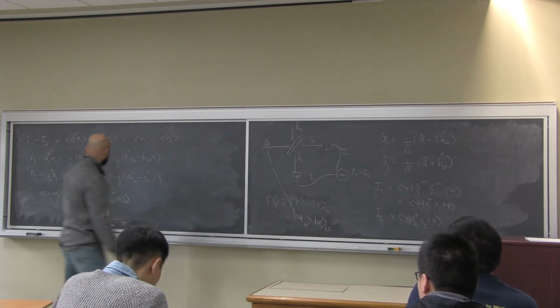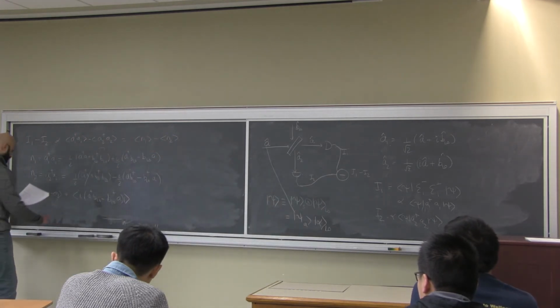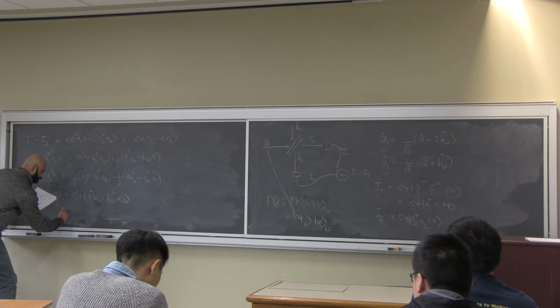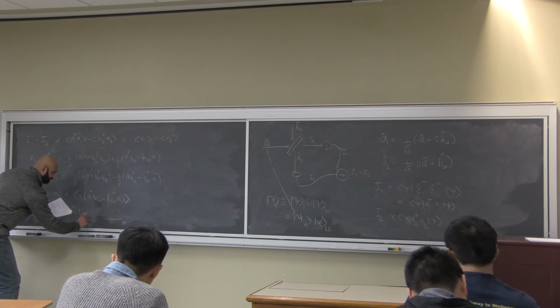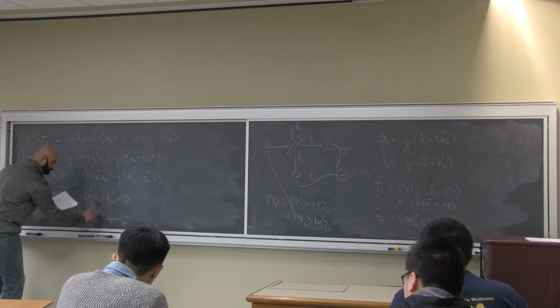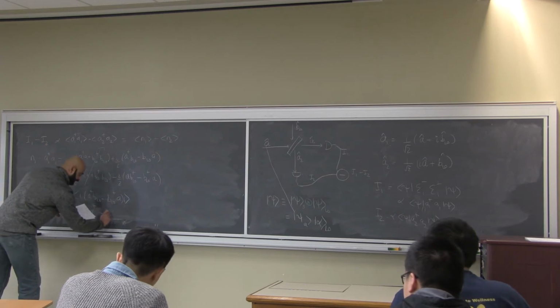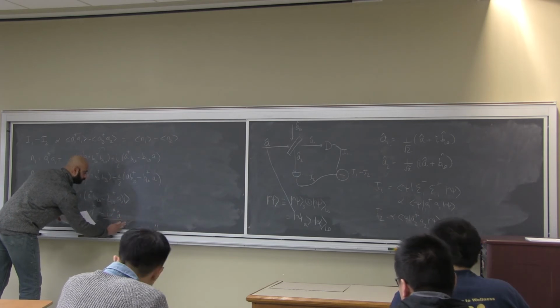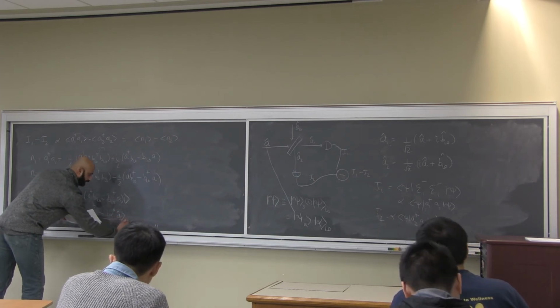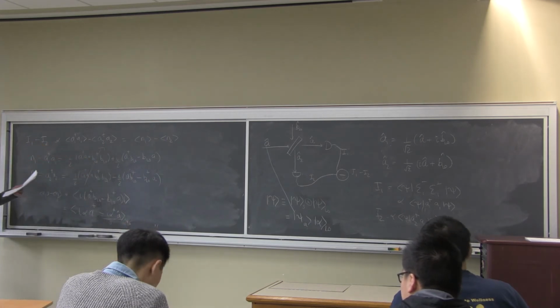And wherever I see B dagger, I replace it by alpha star. So this becomes, in this state, simply i alpha A dagger minus i alpha star A in the state, which is just psi A.